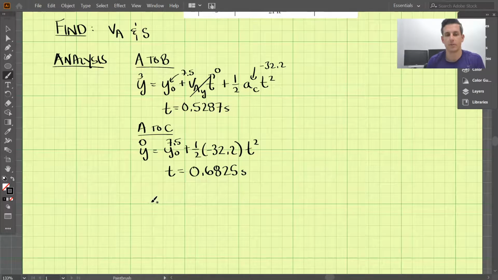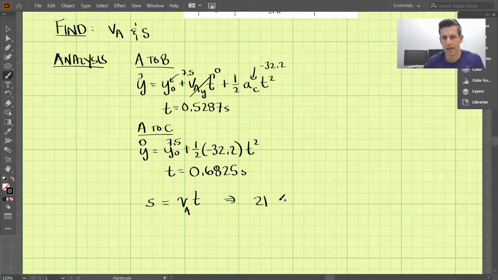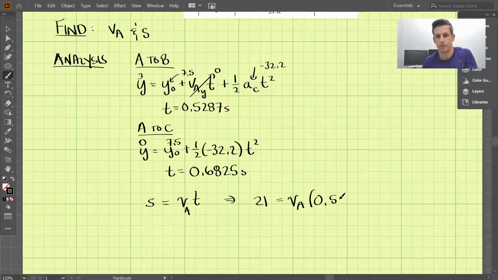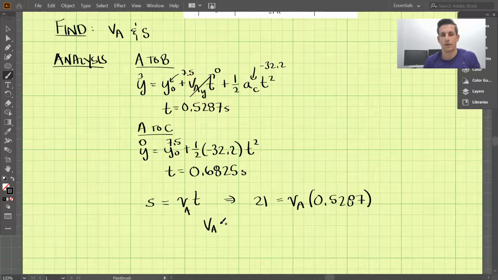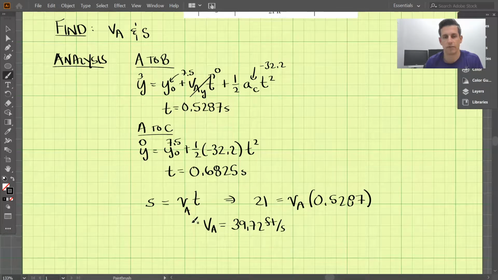So we just have this equation that S equals vt, and this is the horizontal velocity of A. We know that this is 21 feet, and we know the time that it takes to go over the net is 0.5287 seconds, and that brings the velocity of A to be 39.72 feet per second, and that's one of our answers.